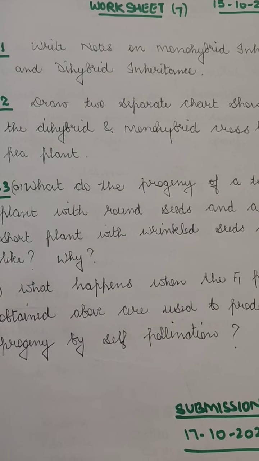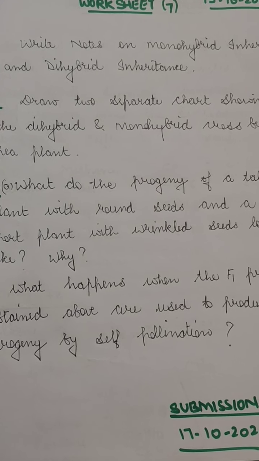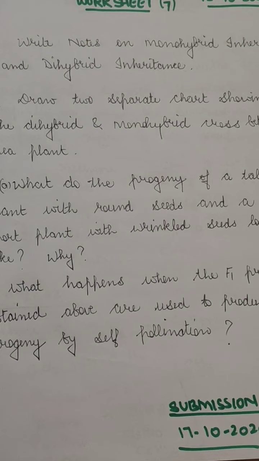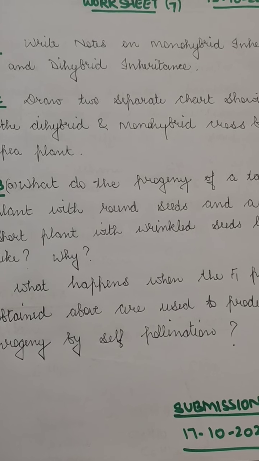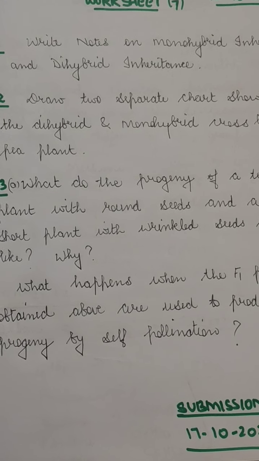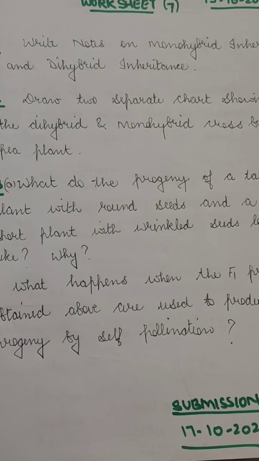The progeny of a tall plant having round seeds crossed with short plants having wrinkled seeds will all be tall plants having round seeds, because tallness and round shape are the dominant traits.